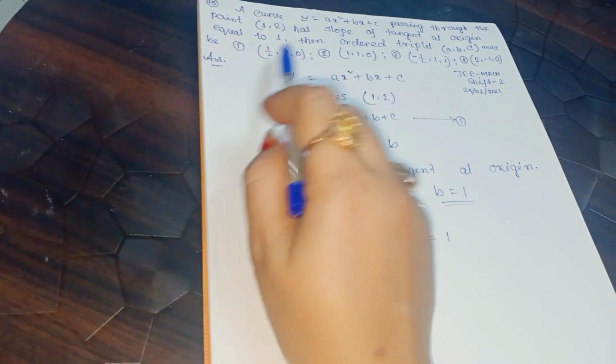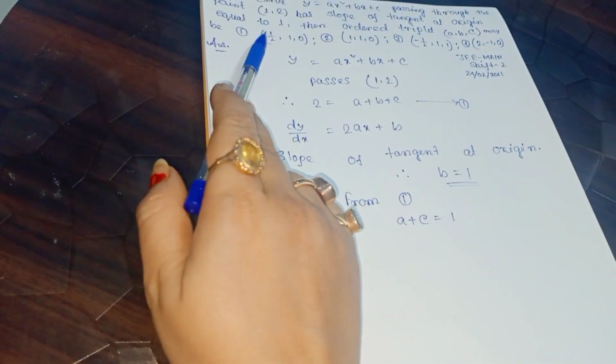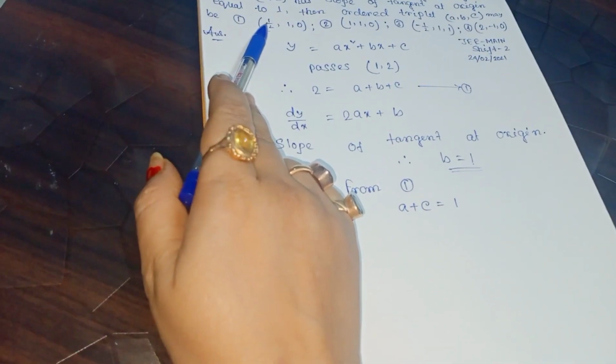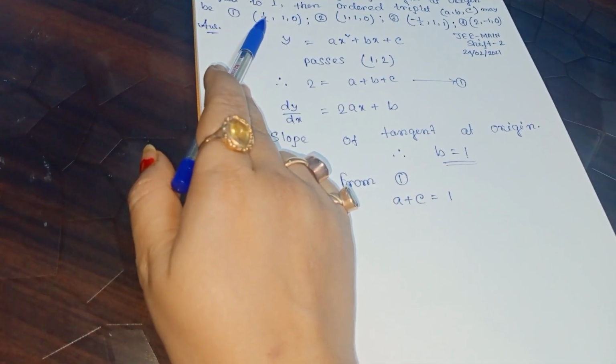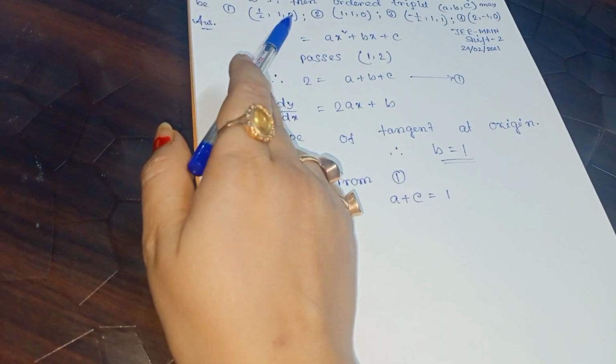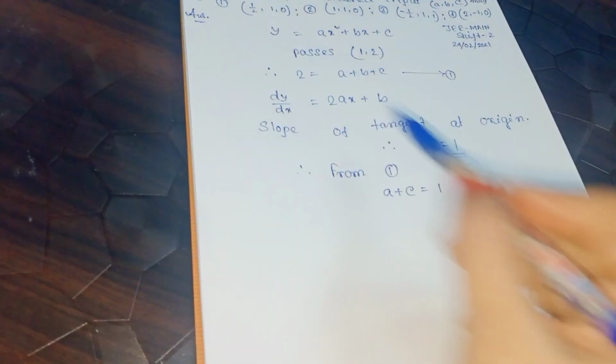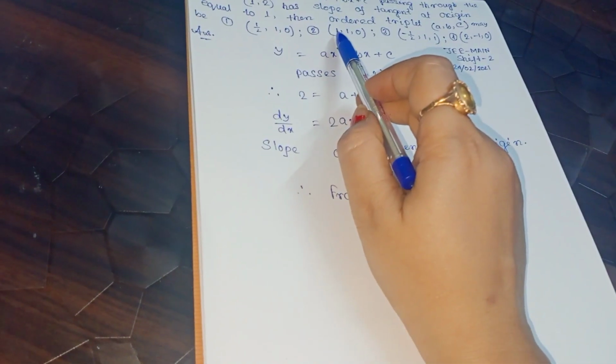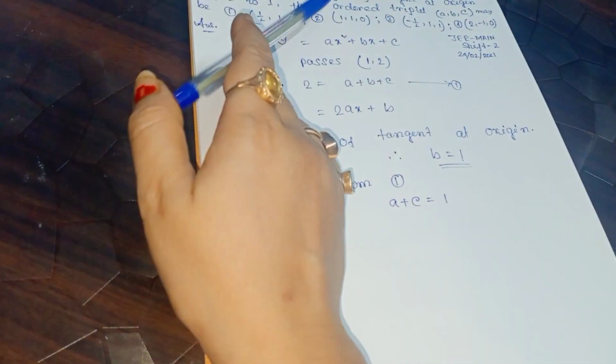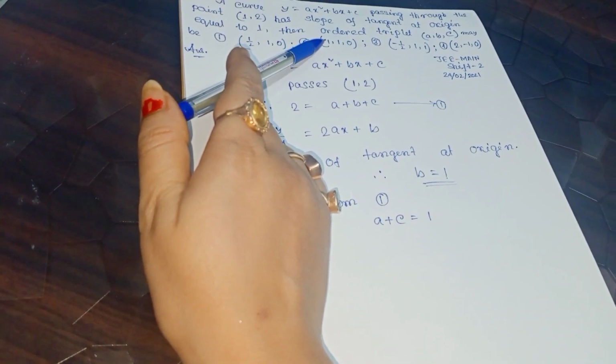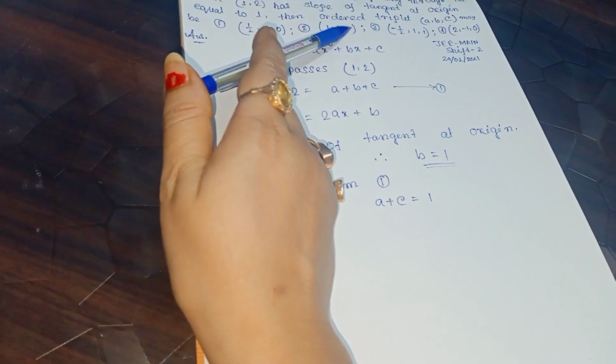Now checking options 1, 2 and 3. At first, option 1: a is half and c is 0, that is not equal to 1 here. Let's check option 2. Option 2, 1 plus 0, that is equal to 1.